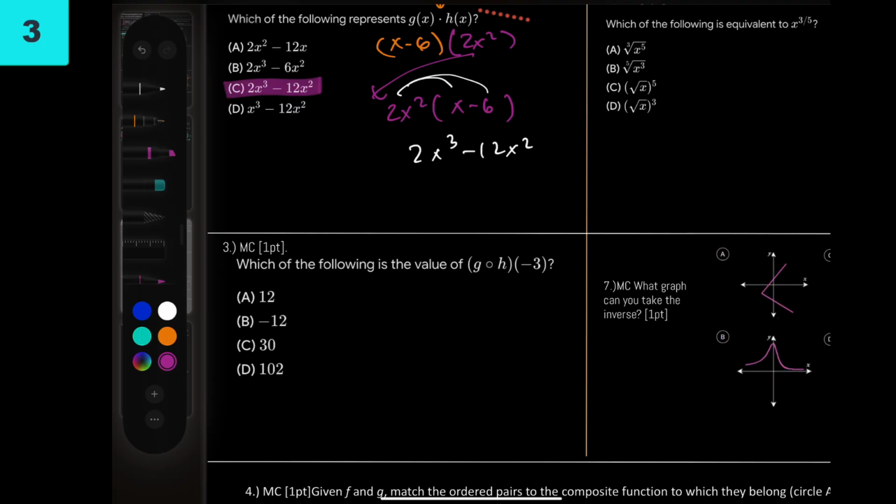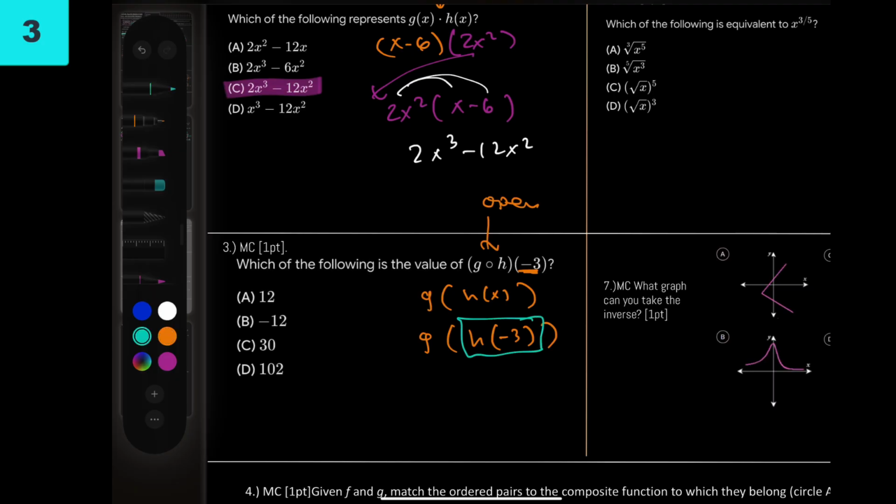Question number 3, I want you to observe that this is now an open circle. That means g of h of x, and he wants to put in negative 3. So you're going to put negative 3 into h. So let's go ahead and do that. H of negative 3: h is 2 times negative 3 squared. Every x value is becoming negative 3.